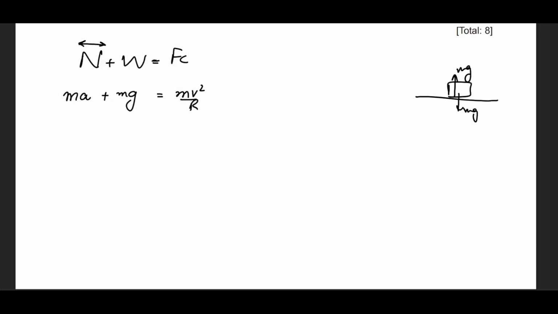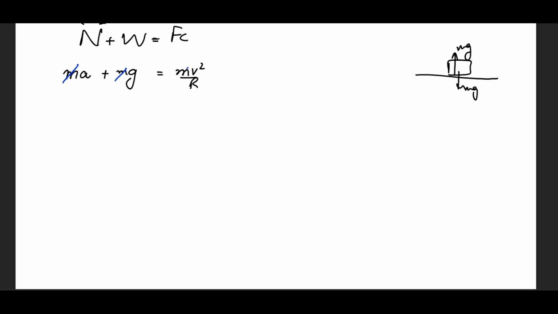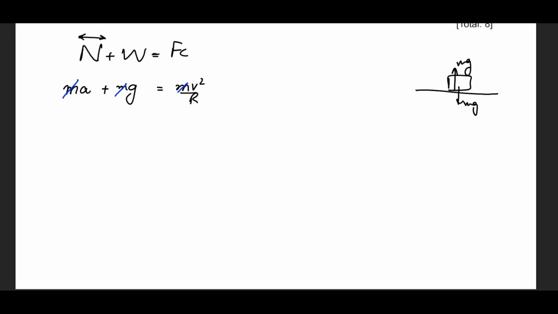Now we realize that mass is the same, so it cancels out of the whole equation. What we are left with is the acceleration provided by the normal reaction plus the gravitational acceleration equals the centripetal acceleration, which is v square by r.